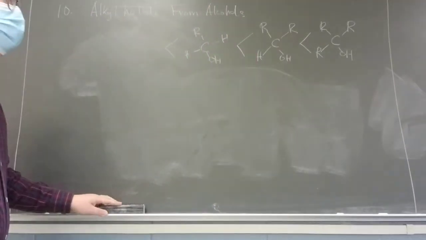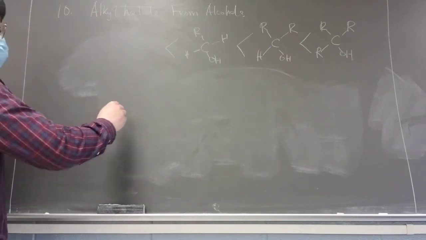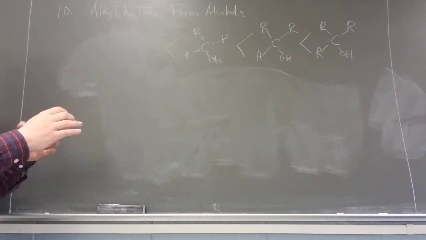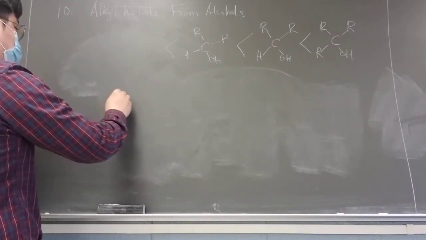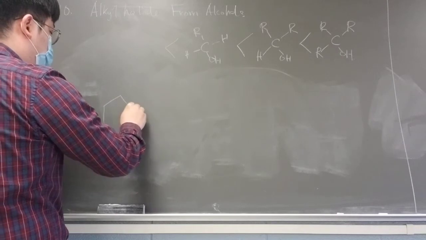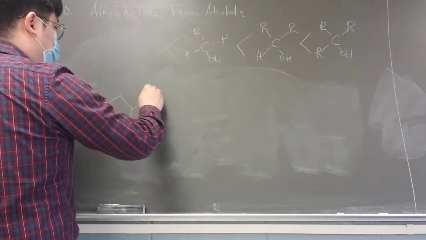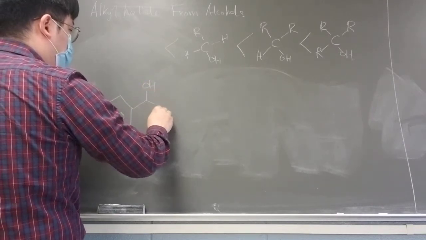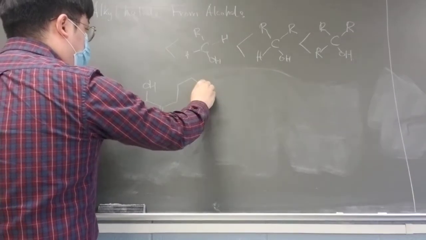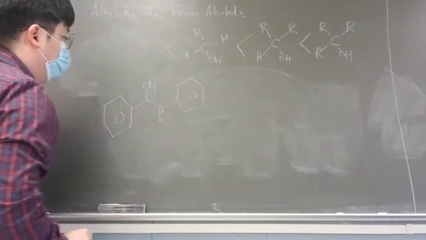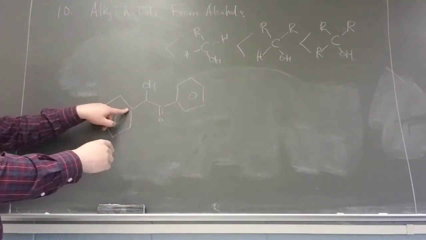So if that is the case, sometimes we need to know what might be a better way to do this type of reaction if you have only a secondary or primary type of compound. So for example, if you have this type of compound, this is only secondary.